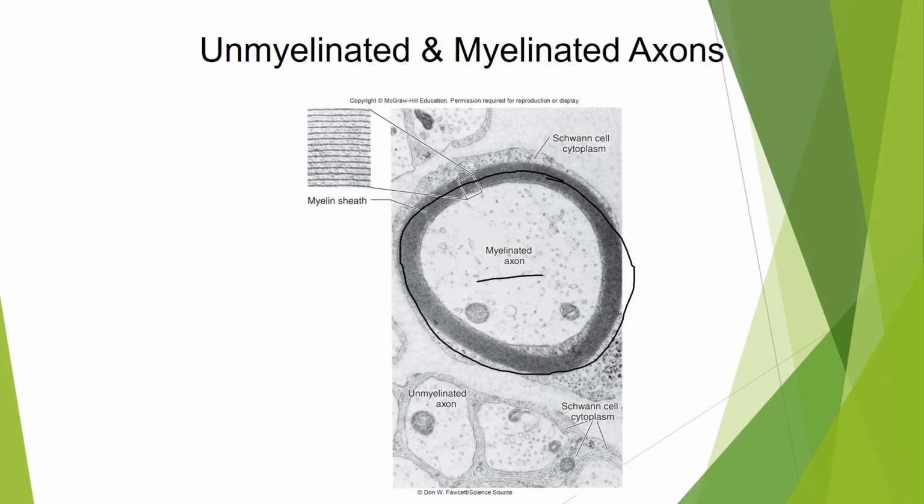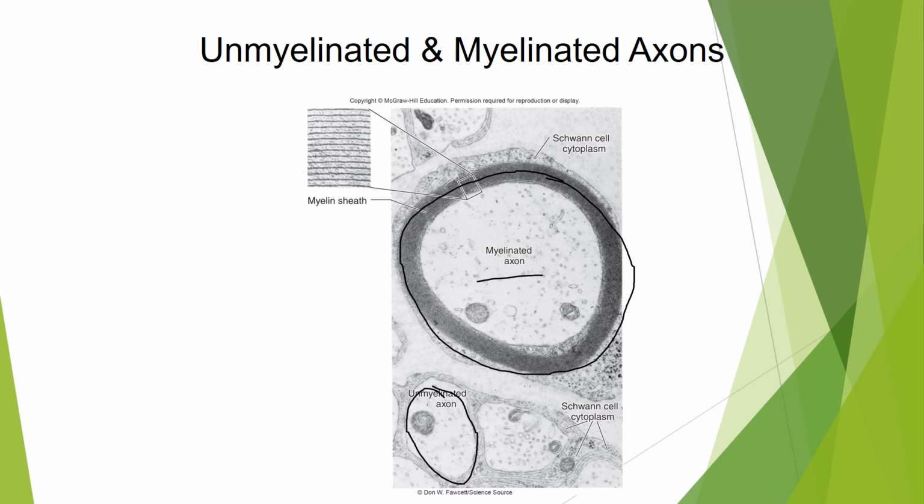So as a reminder, the gaps between the Schwann cells are called nodes of Ranvier, and so those are left open. Small axons, which are typically 2 micrometers in diameter or smaller, are usually unmyelinated.